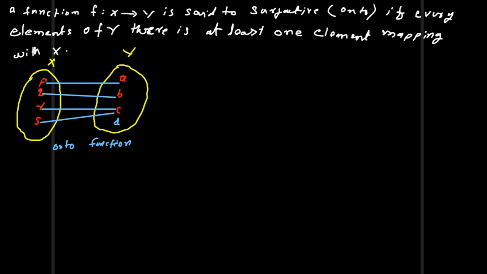Here p has two images, a and d, so this is not a function. So we can't take any element d here, so we can undo that. All the elements of Y have a pre-image in X, then that mapping we call a surjective or onto function.